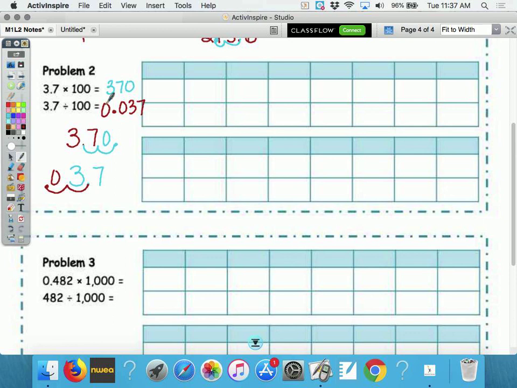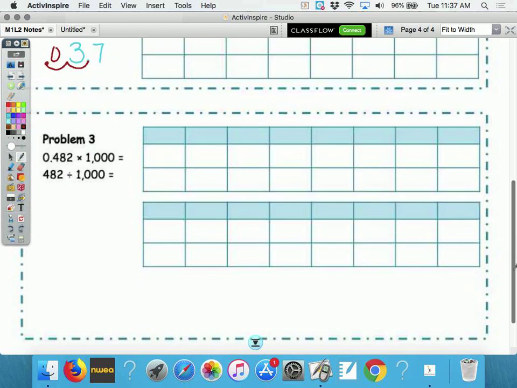Another 0. So tell your table group how to say that number. You're close. 37 what? What place value is the 7 in? Thousandths. Okay, let's keep going. You guys are doing great.